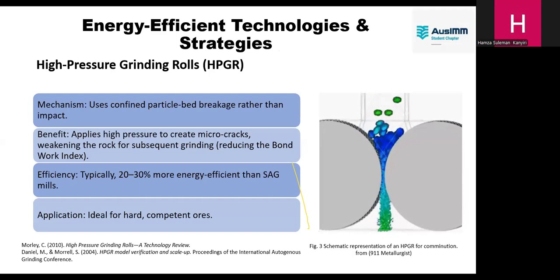And then HPGRs are increasingly being deployed as a replacement for SAG mills or as a first stage in hybrid flow sheets, such as where the HPGR is introduced first before it's followed by the ball mill or the stirred mill if fine grinding or ultra fine products are expected or want to be realized.